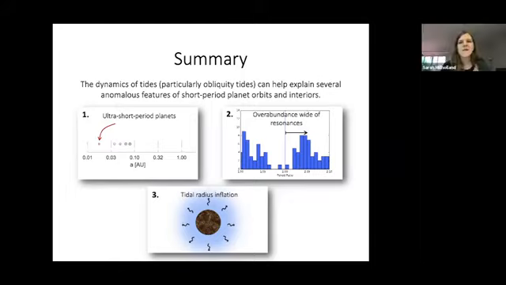Yeah, those are both really great questions. As far as hot Jupiters, if you're thinking about obliquity tides, there is a paper that Josh Winn and Matt Holman wrote back in 2005 about maybe obliquity tides being the source of the inflated radii of hot Jupiters.